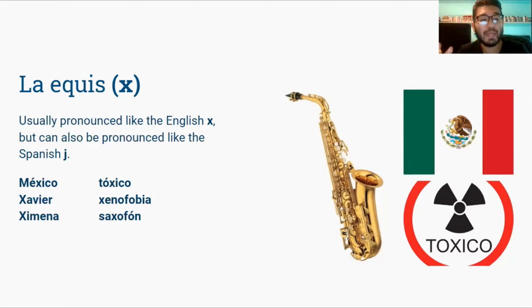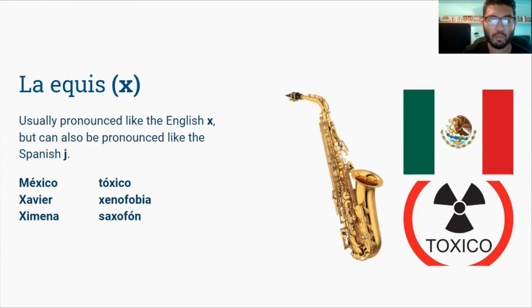México, Javier, Jimena. Javier and Jimena are two proper names, sometimes spelled with a J, sometimes spelled with an X, but the pronunciation is the same. So we have that possibility with the letter X, but we also have one that is closer to the English pronunciation of the letter.